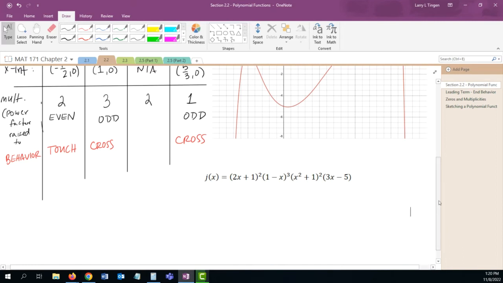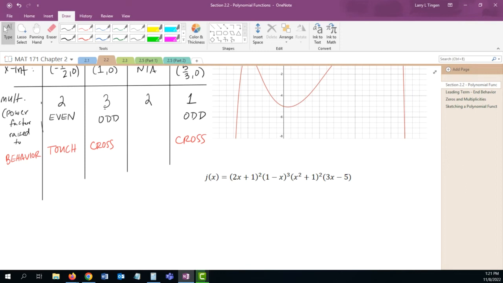Last thing on multiplicities, notice that I don't care how odd or how even a number is, the behavior is still going to be touch or cross. The higher the power, I think it's just going to get really tight. If it's going to go up, touch, and come down, that parabola is going to get closer and closer together. And if it's odd, it's probably going to grow a lot faster.